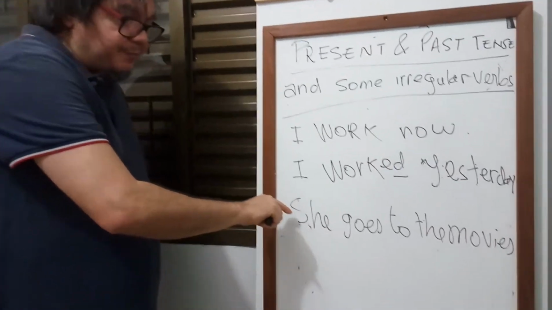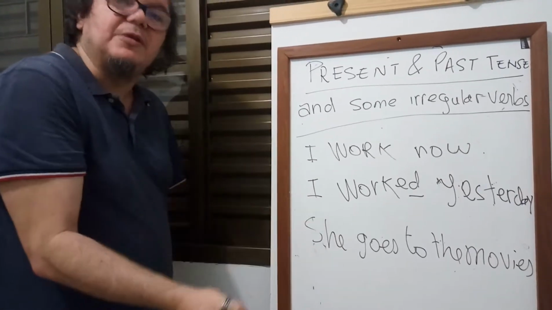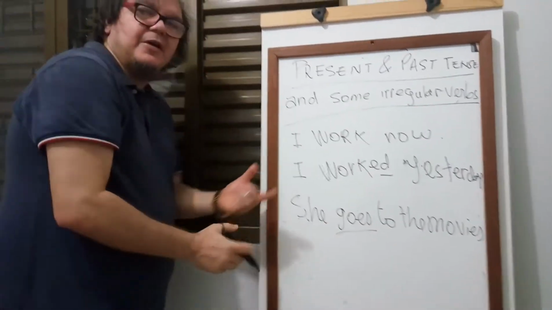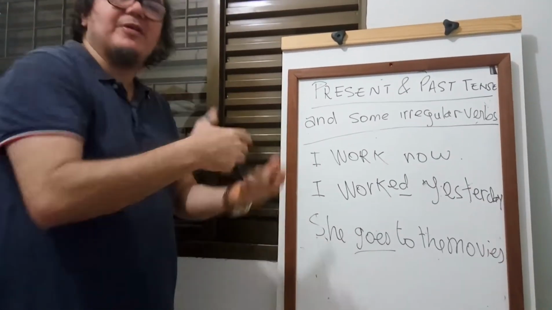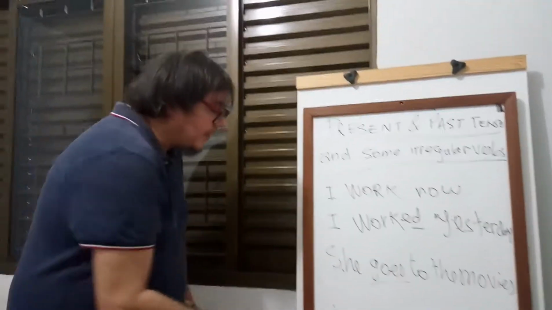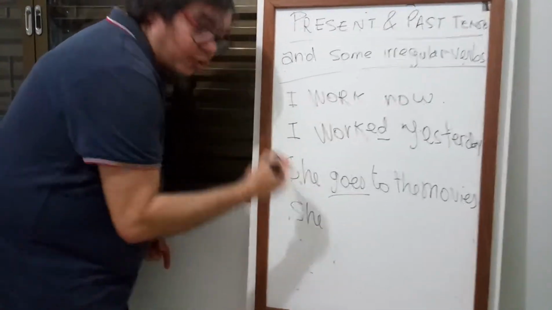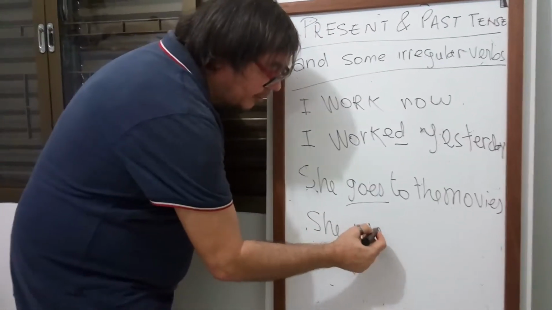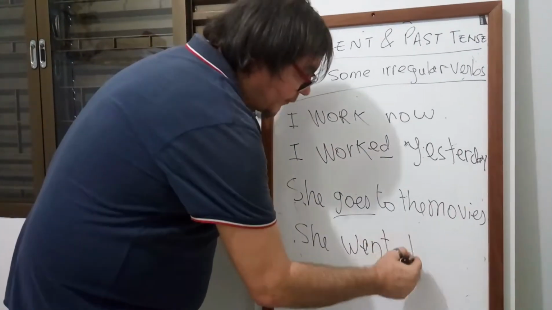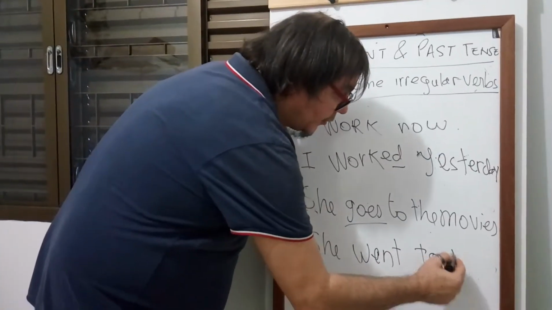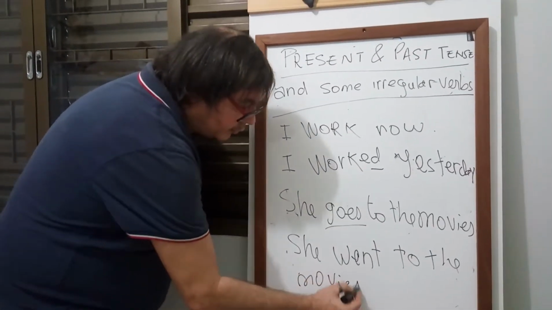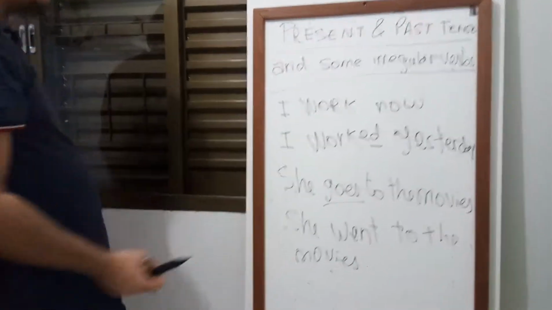Now we are going to put this sentence into past tense using an irregular verb. Goes, when you pass this verb into the past, you say, or you write, she went to the movies. Now you can see the difference.